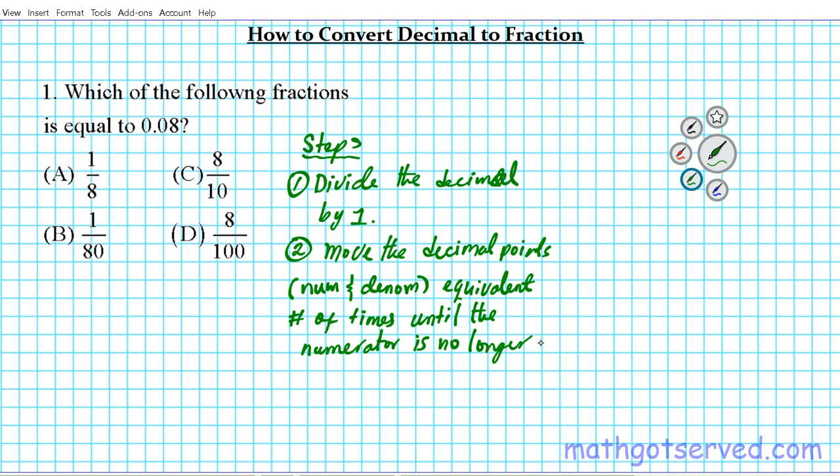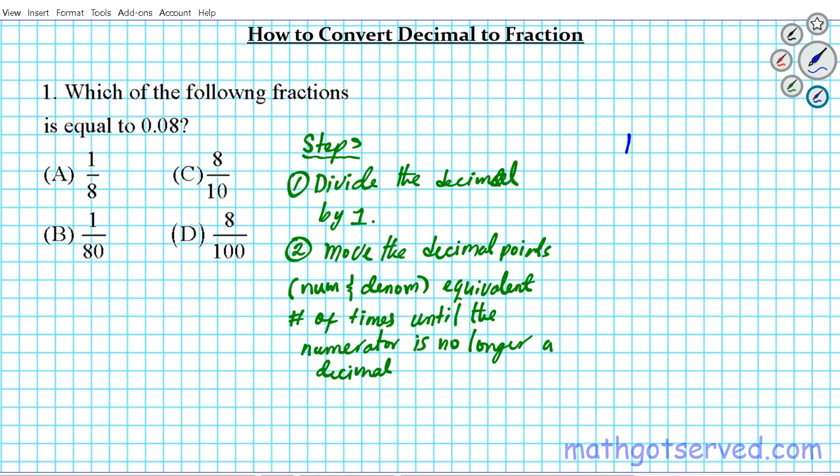Alright, let's do a real quick review on this. Let's say we have 0.1, for example. One thing you also have to remember for the Accuplacer is you need to know how to change from fraction to decimal to percent.